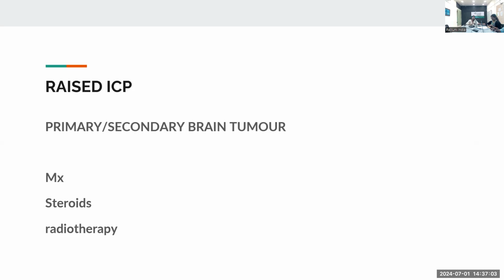So if you give ondansetron, will it help? No. If you give a benzodiazepine, will it help here? No. You have to do something to reduce the size of the tumor. That is the only method to reduce the intracranial pressure, right? There, someone is very helpful. Who is that? Steroids. Steroids are potent anti-inflammatory agents. Wherever in your body, when you have a malignancy, you get a peri-tumor edema around it.